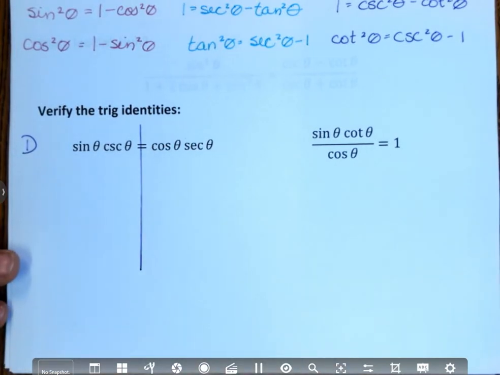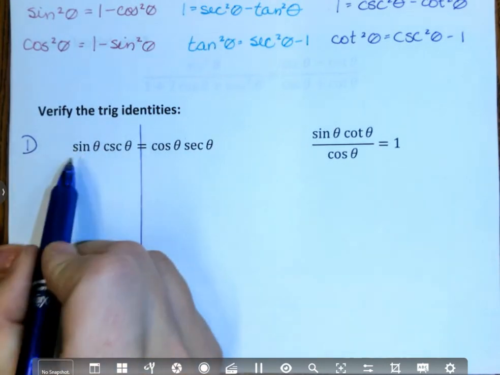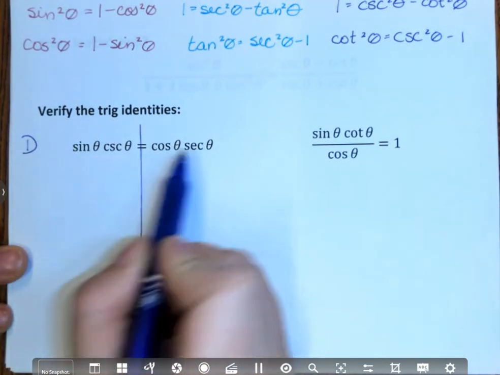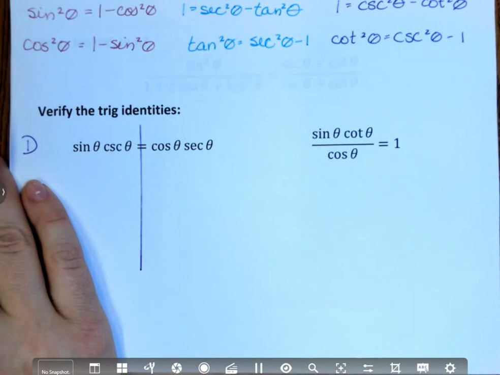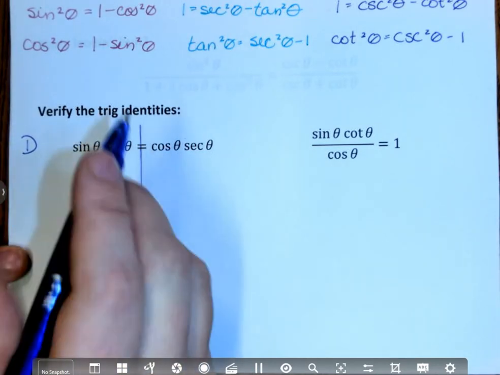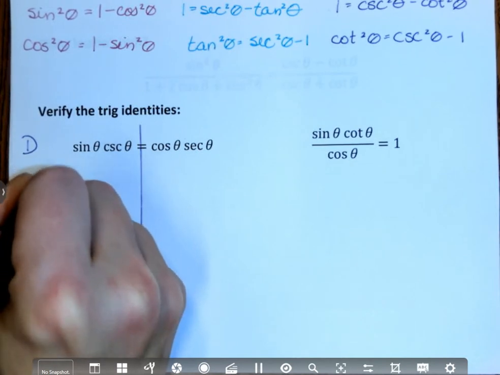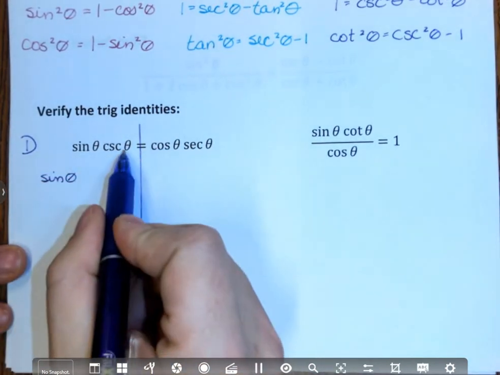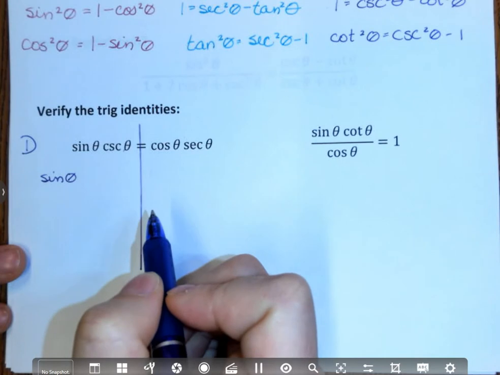My first trick that I use for that is I say, look at this. I've got sine, cosecant, cosine, secant. When you've got a lot of stuff, put it all in terms of sine and cosine. By that I mean sine is, well, that's already in terms of sine and cosine. What is cosecant?